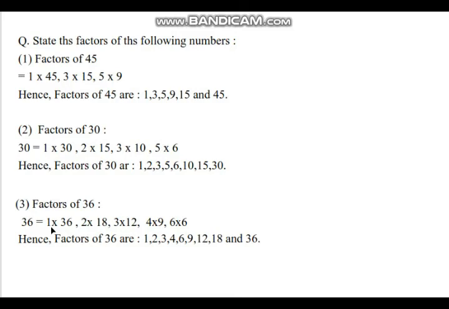In the table of 1 it is coming 36, in 2, in 3, 4, but in 5 not. So we are not writing 5. Then 6, yes, in the 6 table 36 is coming, so 6. In 7 not, 8 also not, 9 yes, so 9 4s are 36, 10 it is not coming, 11 also not, 12 yes, 12 3s are 36, so 12. 13, 14, 15, 16, 17 no. In all these tables 36 is not coming, so directly 18 2s are 36 and 36 1s are 36.